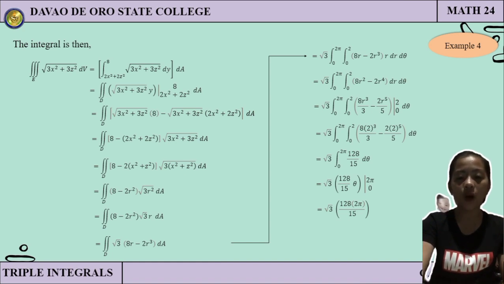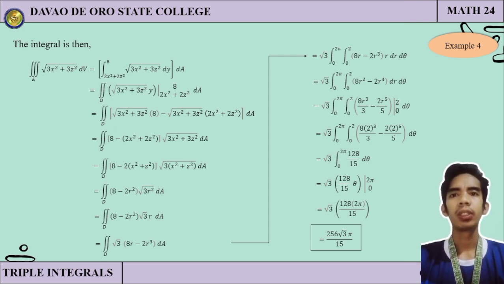After that, we are going to get the antiderivative with respect to theta. So we will have square root of 3 times 128 over 15 theta, evaluated from 0 to 2 pi. Then substitute the bounds for theta. We will have square root of 3 times 128 times 2 pi over 15, which results in 256 square root of 3 pi over 15.